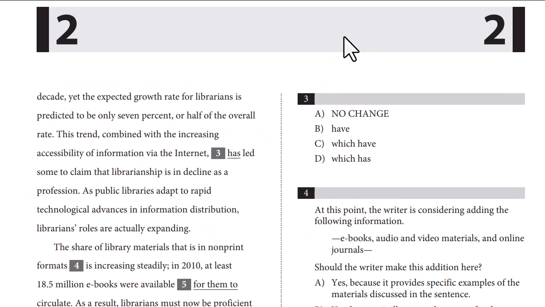Number 3, this trend has combined with the increasing accessibility of information via the internet. Okay, so let's read this again, because this trend, combined, this is a past participle clause, combined with the increasing accessibility of information via the internet, has led some. So the trend is the subject noun. It's singular, so it won't be have.